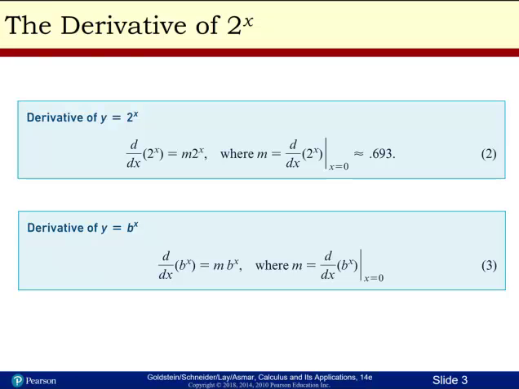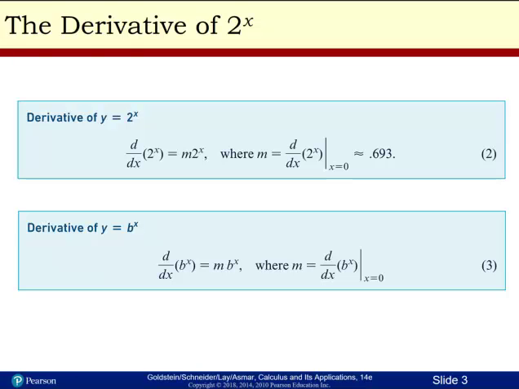Now, the derivative of 2 raised to the x, we're just going to give that to you without proof. The derivative of 2 raised to the x is m times 2 raised to the x, where m is the derivative of 2 to the x, where x is 0, equals 0.693.